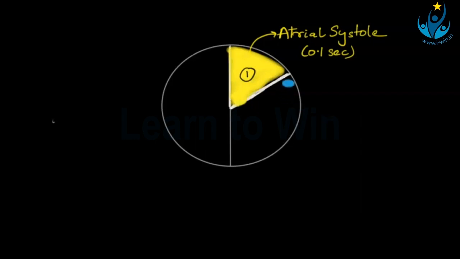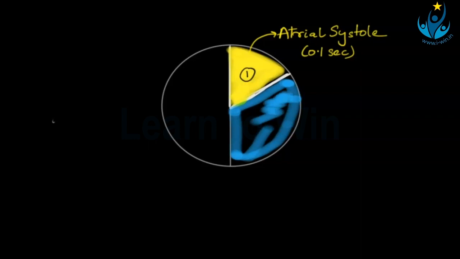Coming to the second event that follows, which is comparatively a little longer than atrial systole, is the phase of ventricular systole.